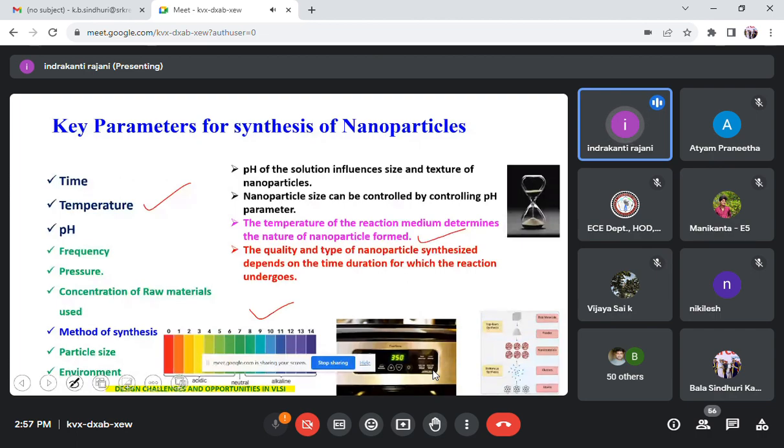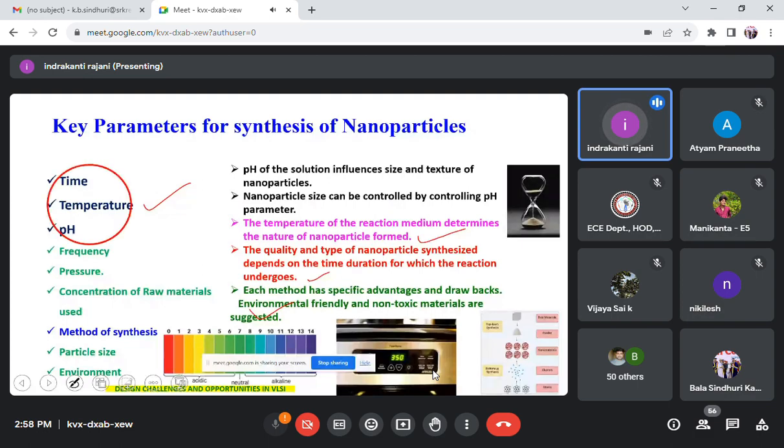And the quality and type of the nanoparticle for which the reaction undergoes is also very important. Each method has advantages and drawbacks also, but the main parameters are time, temperature, and pH. If you can hold and control these three parameters and follow a step-by-step procedure, it is definitely very easy to prepare nanoparticles and nano powders.